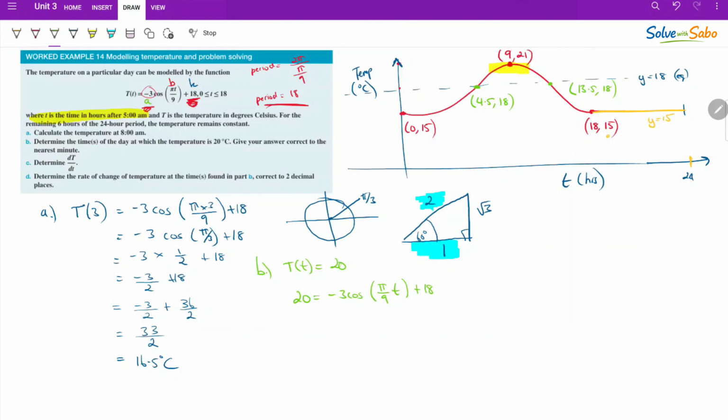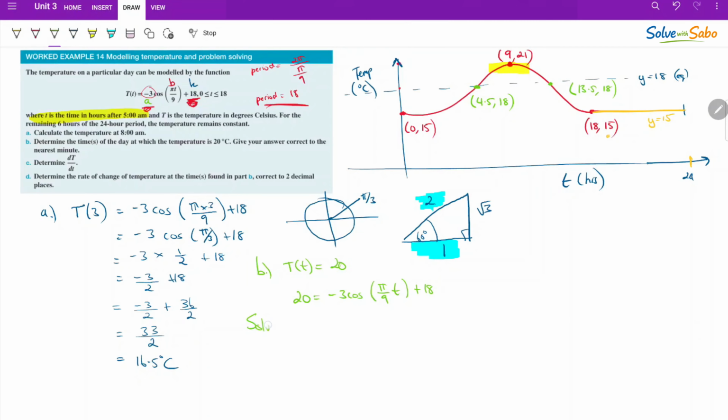Now we could go ahead and rearrange all this, and if we do, we're going to get something with negative 2/3, and it's not really going to be very useful. So instead of trying to do all this by hand and not really getting anywhere, it's looking like a calculator question. So let's just use a calculator skill.